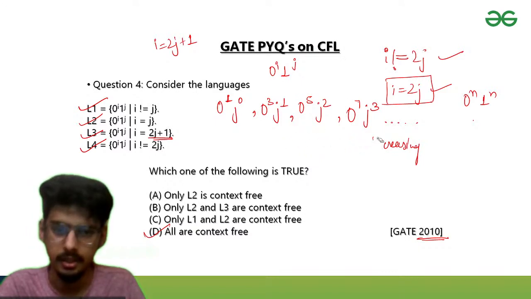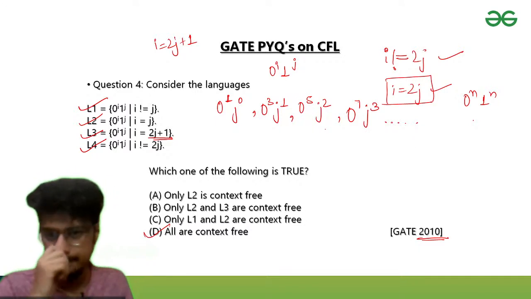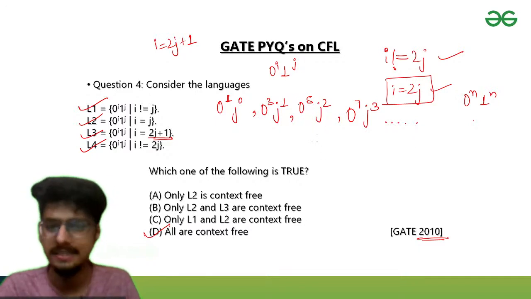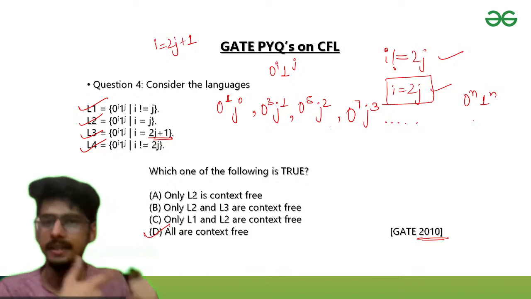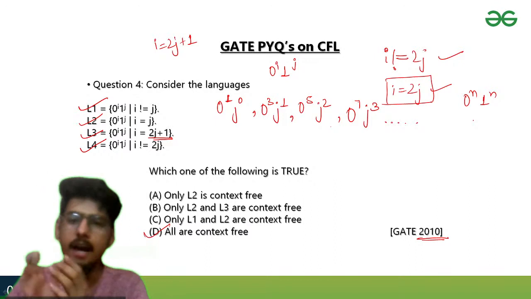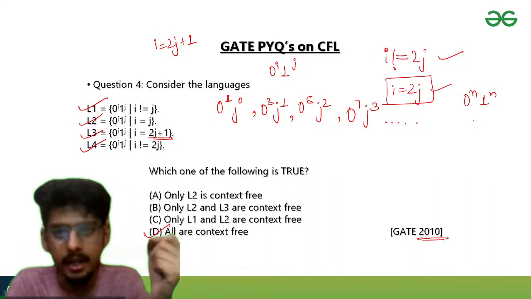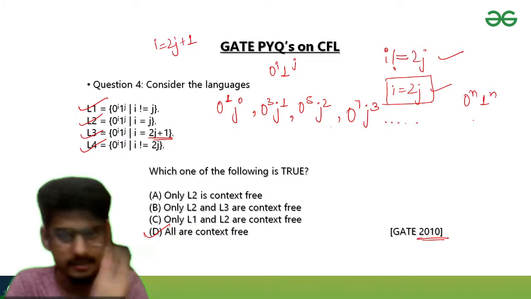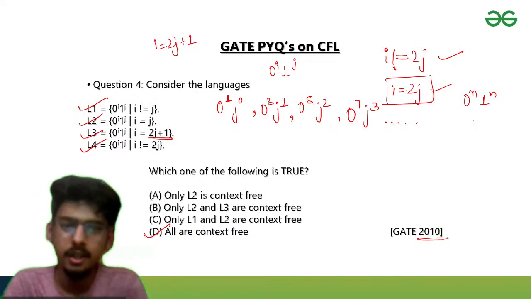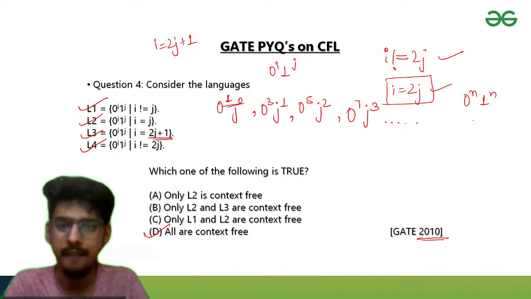Because as soon as you see 2 zeros, then you will increase the number of 1s by 1. So after seeing 2 zeros, you check the number of 1s, and if it is increasing by 1, then definitely that string is in our language, right? So here you will have the difference as 1, then here a difference of 2, then here a difference of 3.